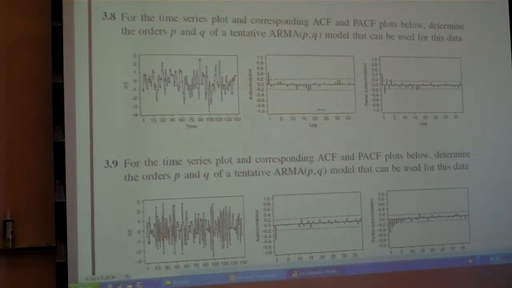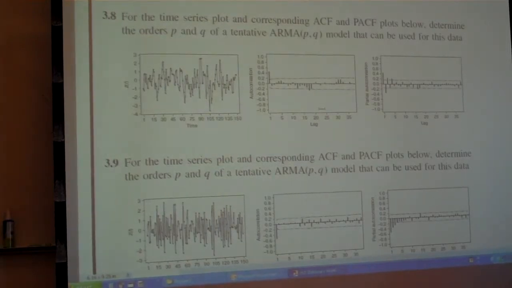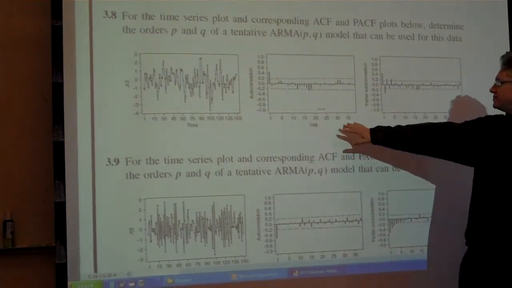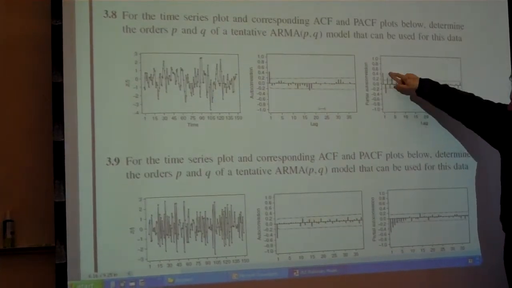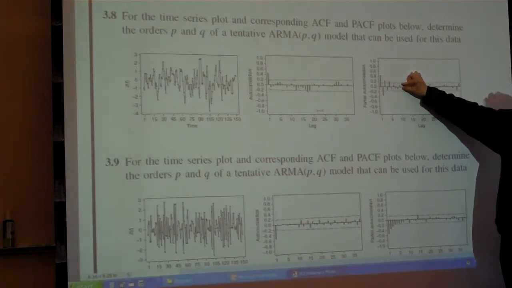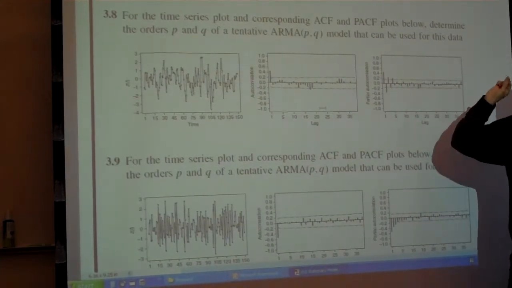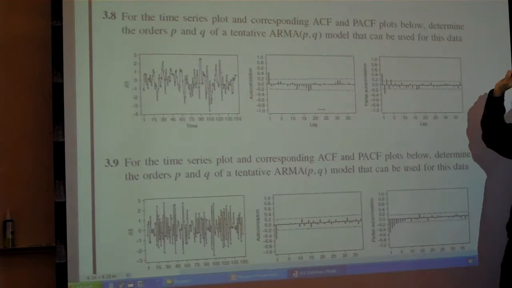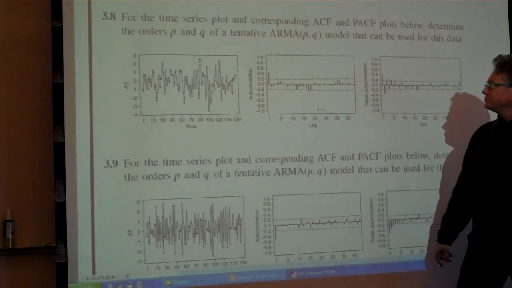Doesn't it suggest moving average if the ACF decays abruptly? Yeah. So the ACF decays abruptly, and subject to the oscillations, the PACF is decaying exponentially. So that suggests moving average. Okay, so with one term.